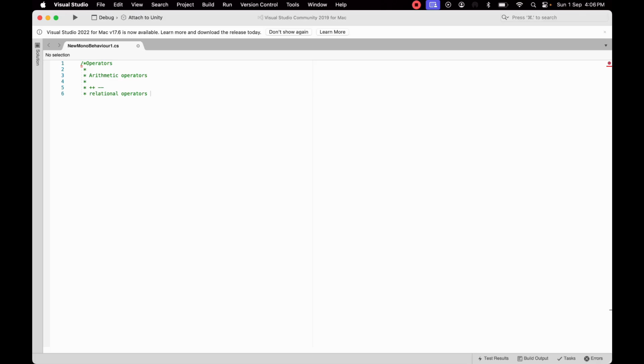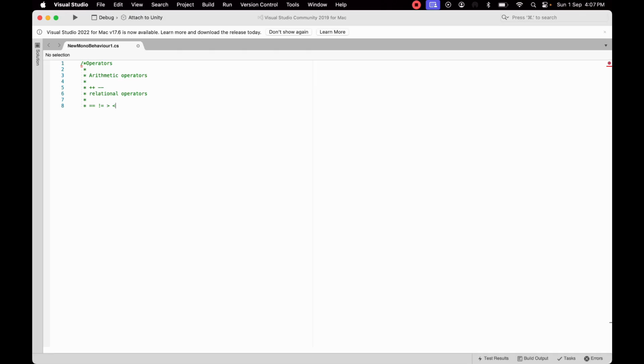And comparison operators: equals to checks if the two operands are equal. Not equals to checks if the two operands are not equal. Greater than checks if the left operand is greater than the right. Less than checks if the left operand is less than the right.